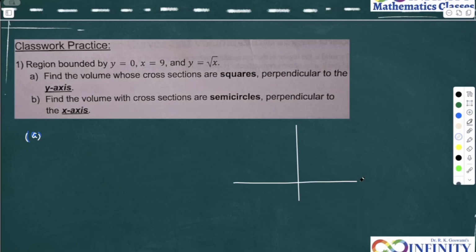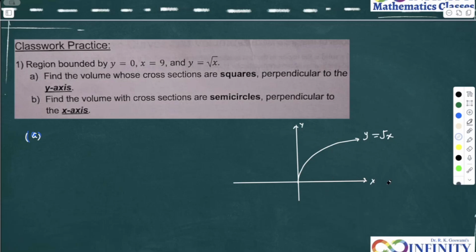Y equals square root of x is going to be something like this. Y equals square root of x. Okay, it is also a parabola, but the coordinates are reversed. This is the y-axis, and this is the x-axis.